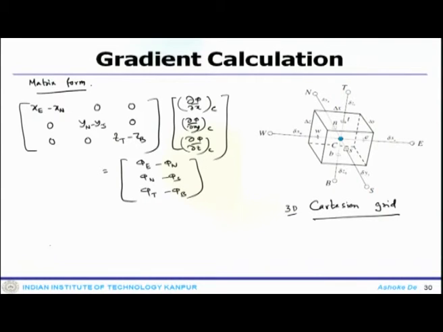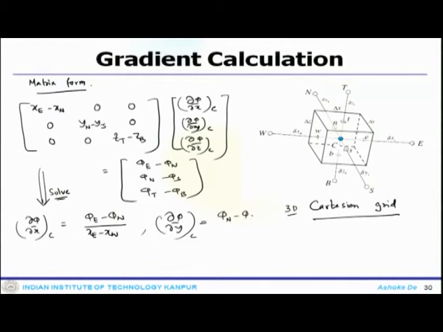Okay. If you solve this above equation, what you get is del phi by del x at c is phi e minus phi w divided by x e minus x w, and del phi by del y at c is phi n minus phi s divided by y n minus y s.